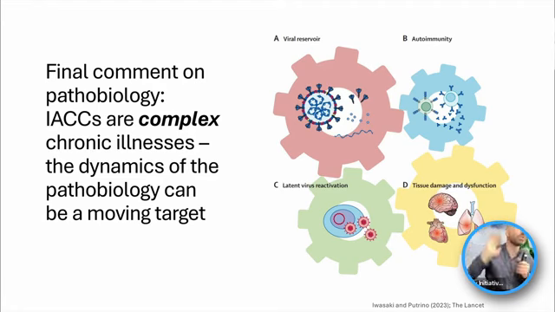Because again, that's why we chose the cogwheel model, because these things are interrelated. And if you're just trying to treat one thing without treating the whole system, you can start to worsen some of the other symptoms that are emerging, as opposed to treating the whole person.